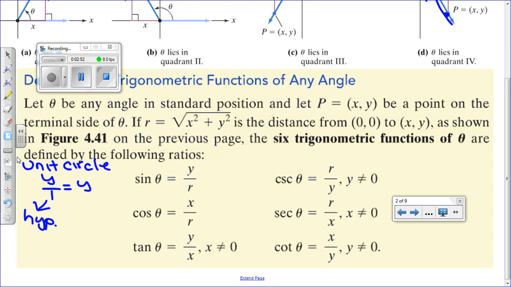So instead of saying y over 1, we're going to say y over r. Same thing for cosine. Instead of just saying x, we're going to say x over r, because r is going to be something different than 1. Okay, so things will change.